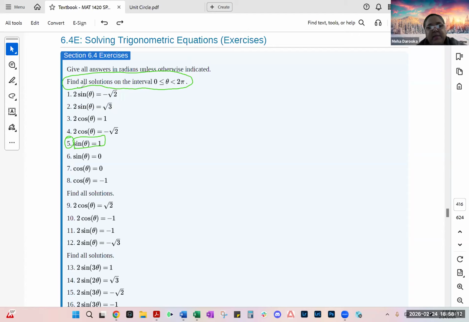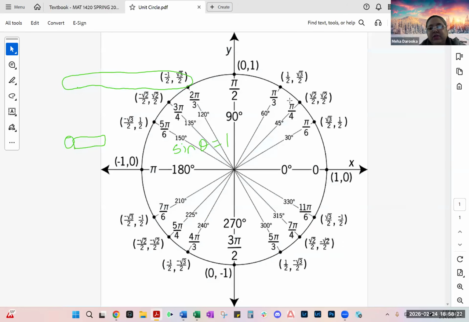Which means you're only keeping one rotation of the circle. So where is sine of theta equal to 1? If you look at the unit circle, you will see the sine value is equal to 1 right here at pi halves, right? And none of the other values for the sine function are going to be positive 1.